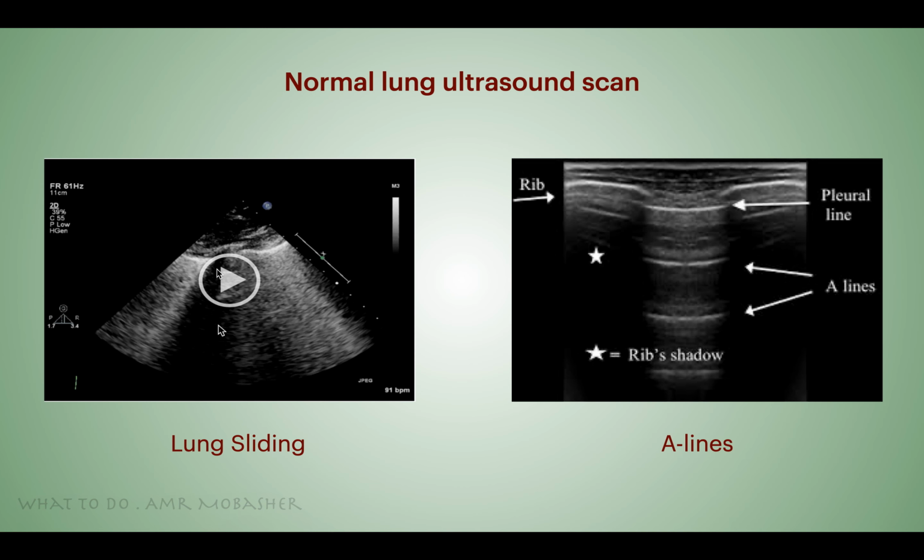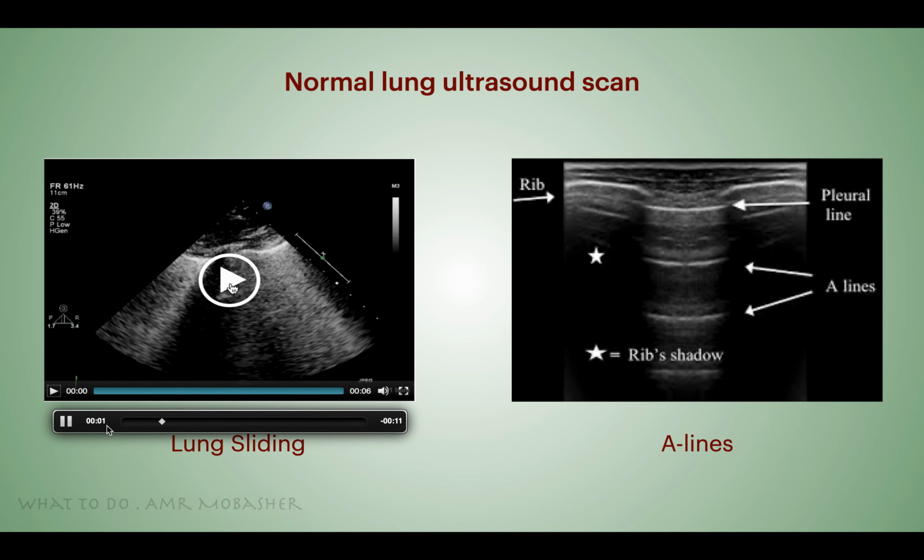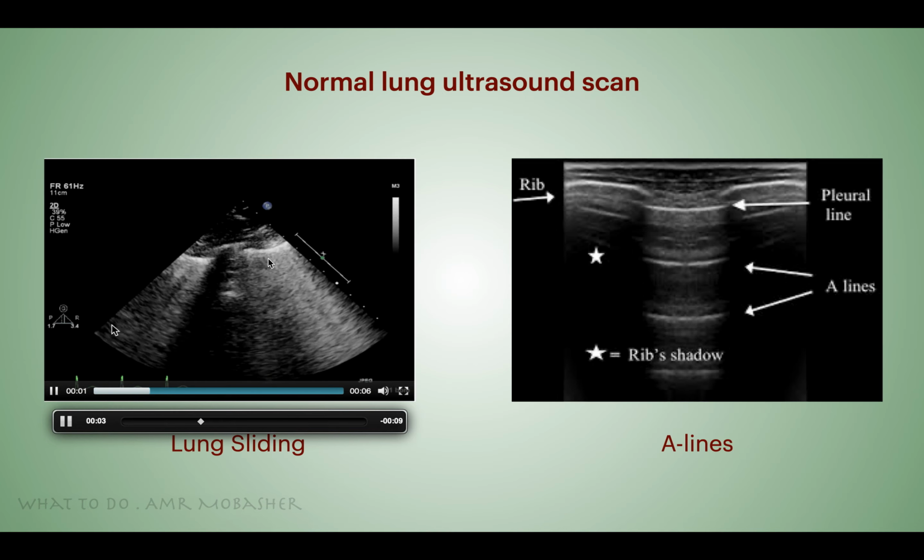Now, we will look at the lung sliding. As you know, the pleura consists of two layers, the parietal layer and the visceral layer, sliding over each other. So we will see the pleura as if it's dancing, moving to and fro, backwards and forwards, like this. See that?